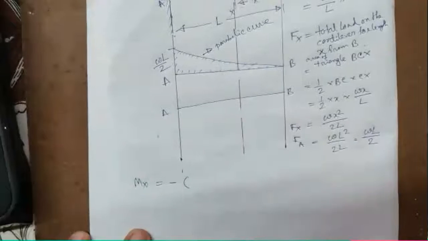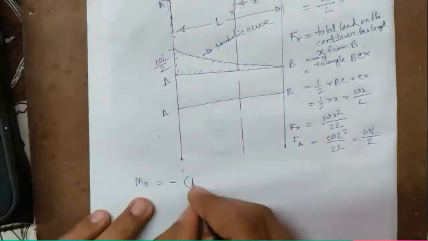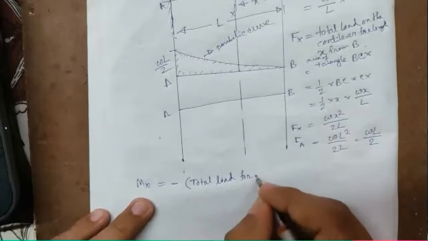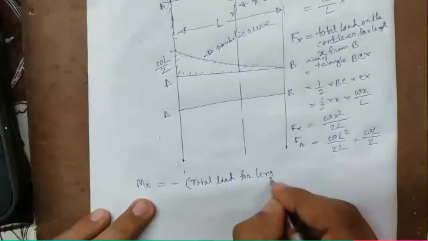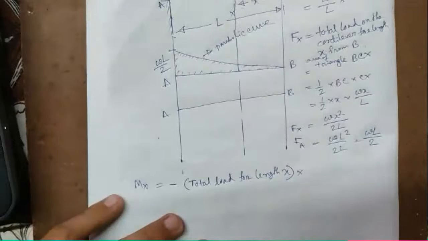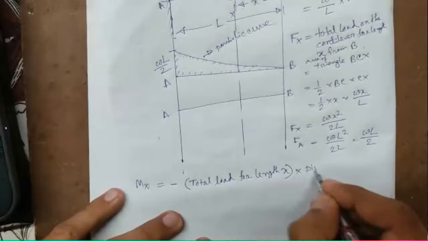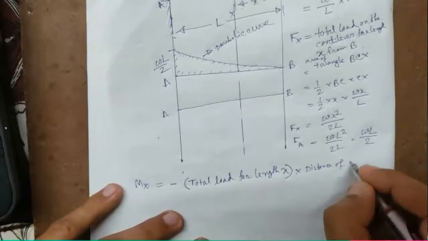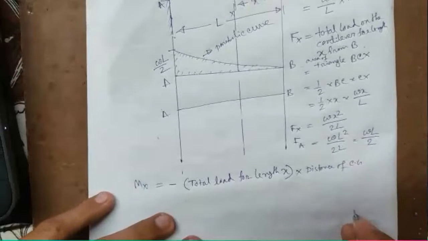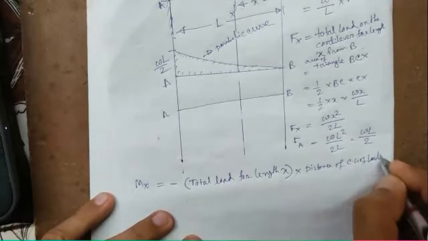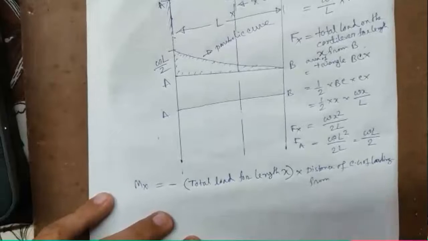The total load for length x into the distance of CG of loading from x.